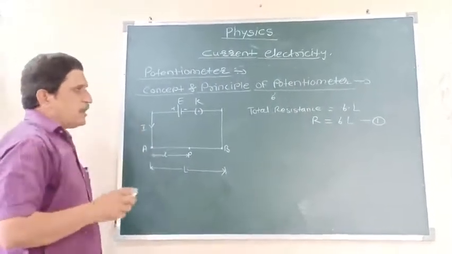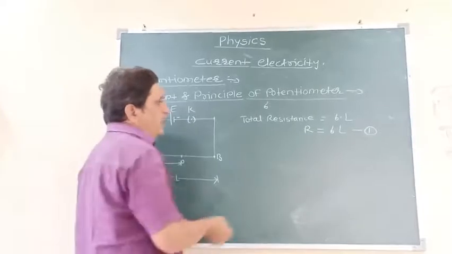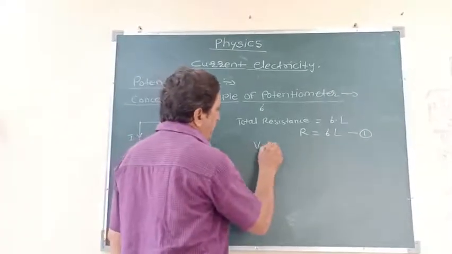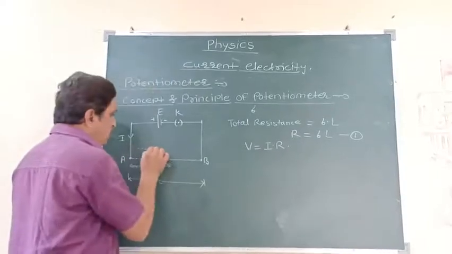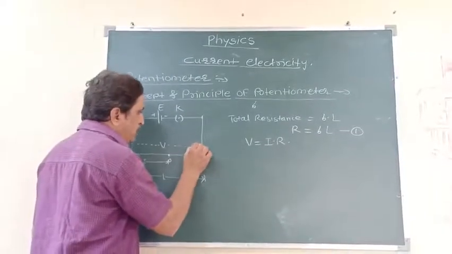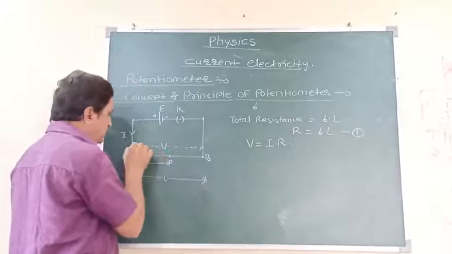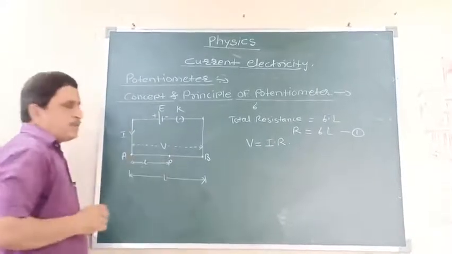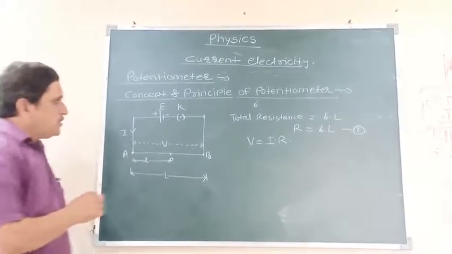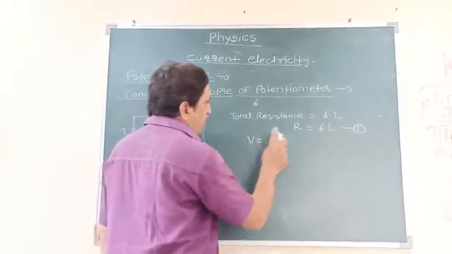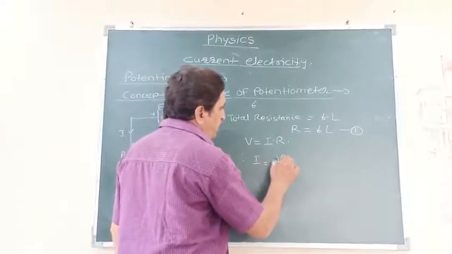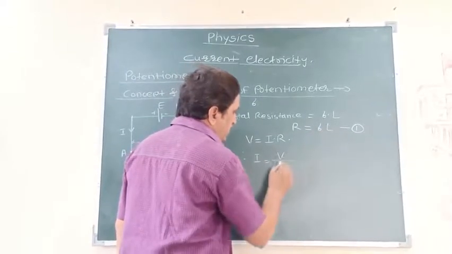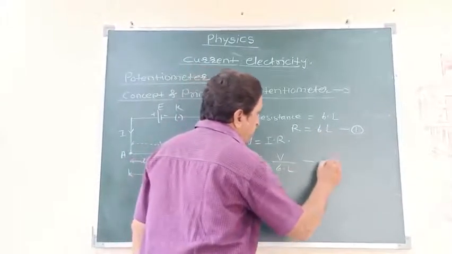If I is the total current passing through the potentiometer wire, then according to Ohm's law, what can we write? V is equal to I into R. Here, V is the potential difference across the two ends of the potentiometer wire. Then we can write V is equal to I into R, and therefore I is equal to V divided by sigma into L. Give it equation number 2.